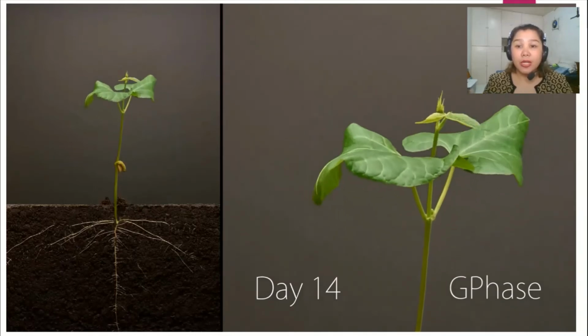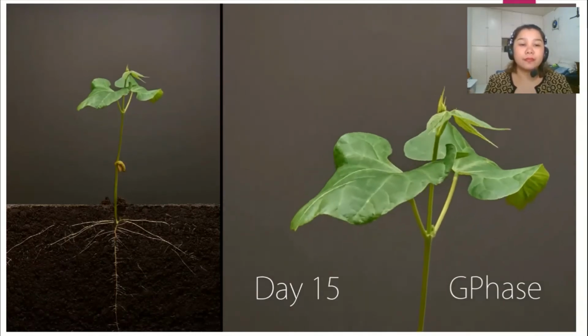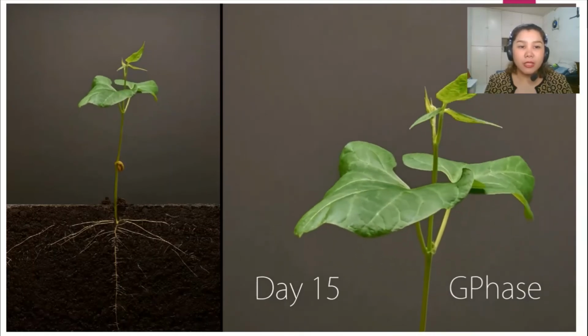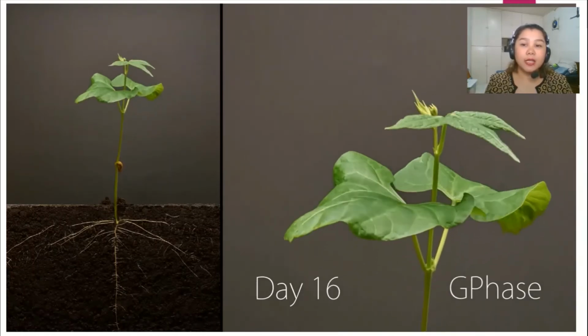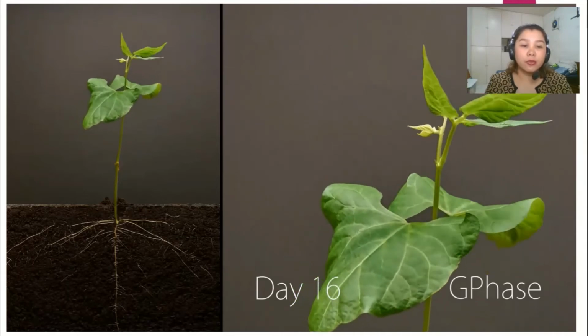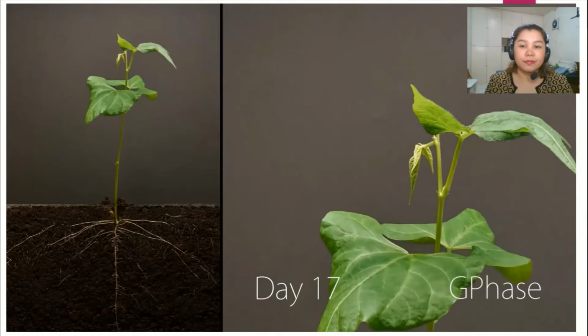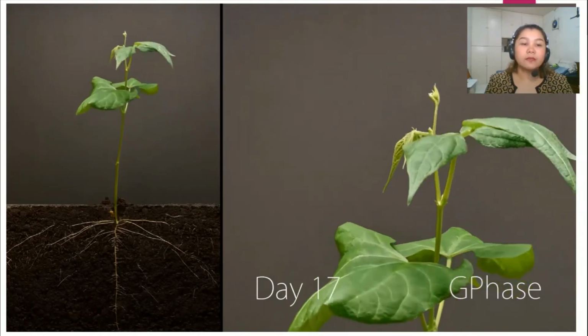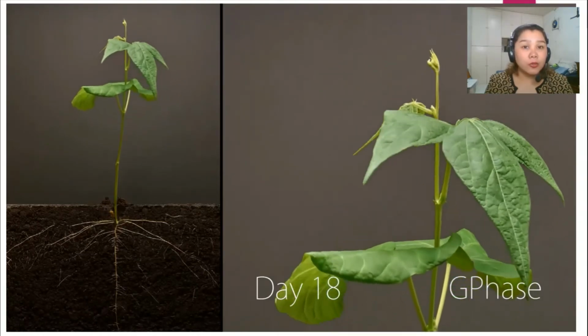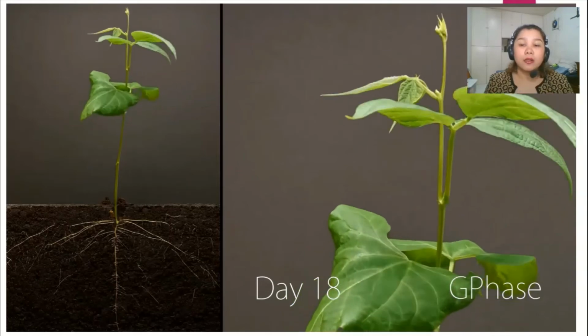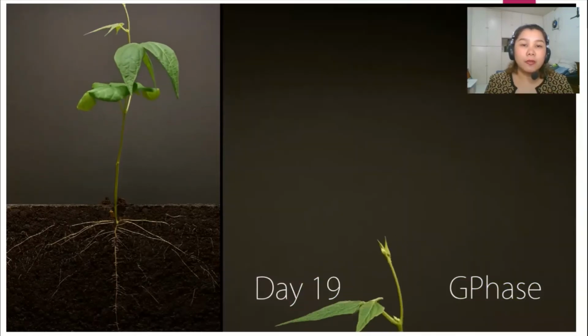And then, more leaves. And look at the stem now. It's stronger because it can hold more leaves. It no longer falls over. And it becomes taller. At the same time, the roots are more spread out.